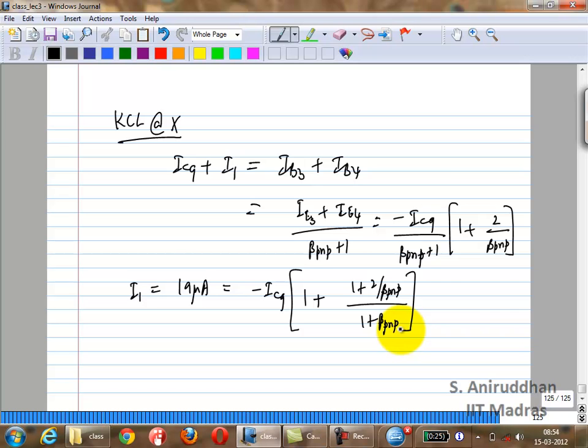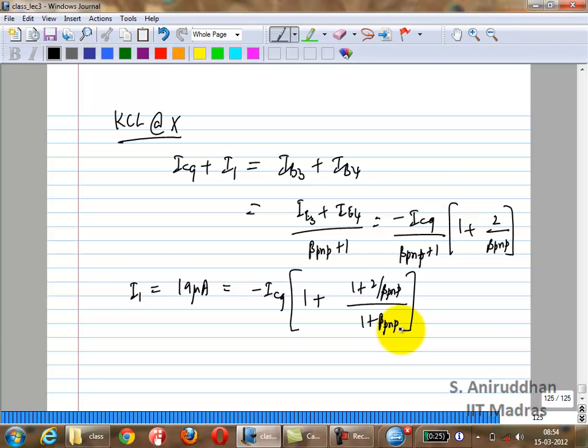Okay. Is that right? I've just taken this IC9 to the other side, that's all I've done, and just grouped the terms for IC9.